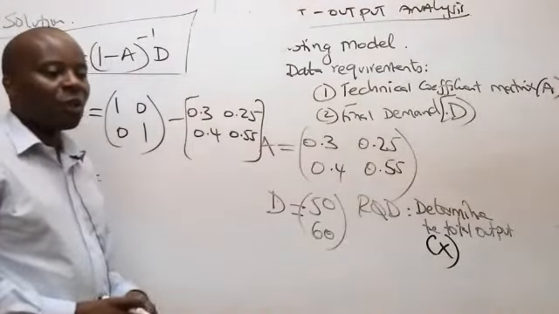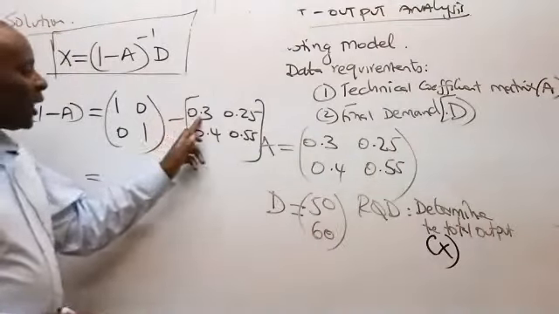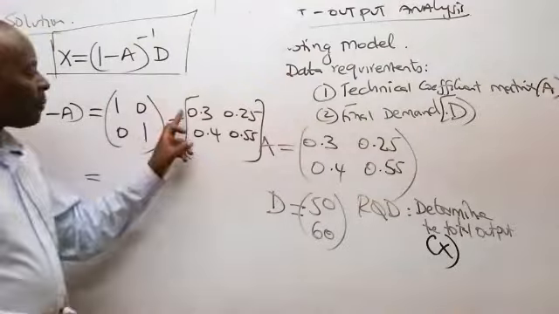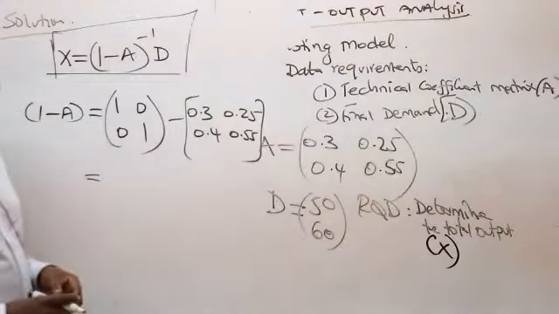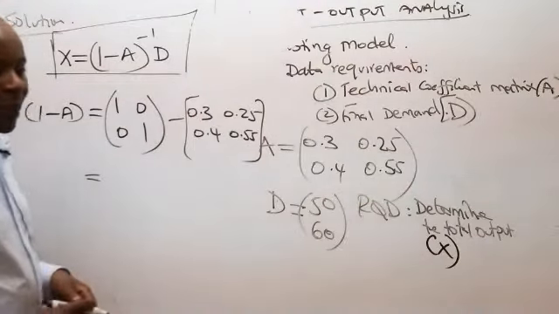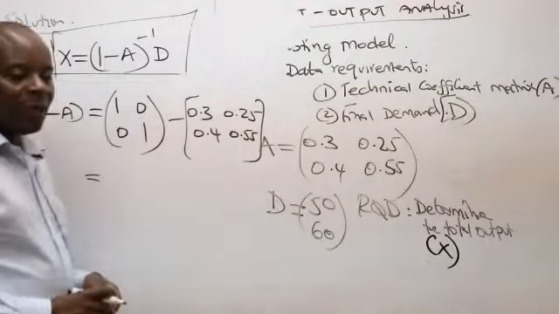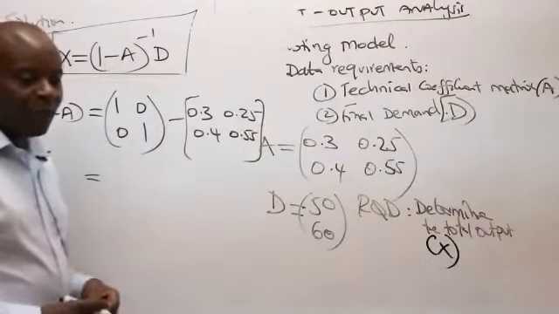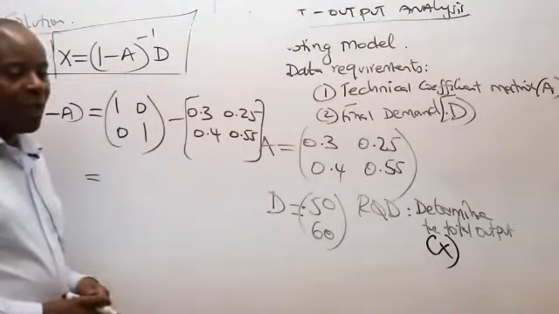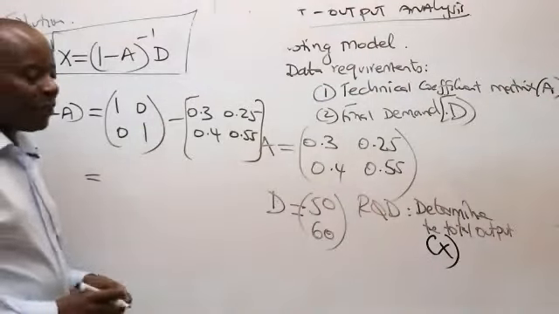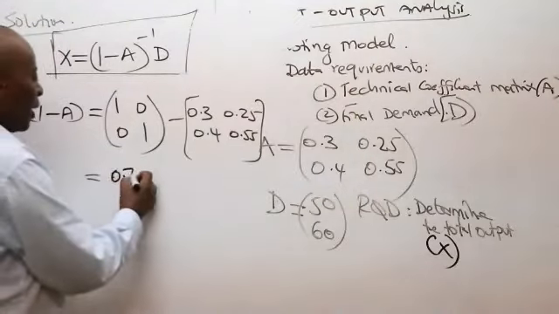Remember, in subtraction, you'll always take corresponding elements. So like you say 1 minus 0.3, what do we get? Somebody, 1 minus 0.3? 1 minus 0.3 gives me 0.7. The first one is 0.7.